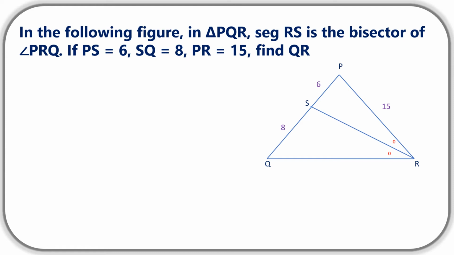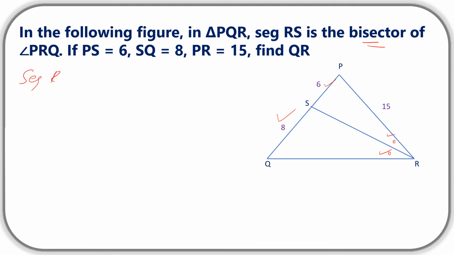In the question, there is the word bisector. Here you can see it marked. You can see the bisector. You can also see which part of the triangle is given.